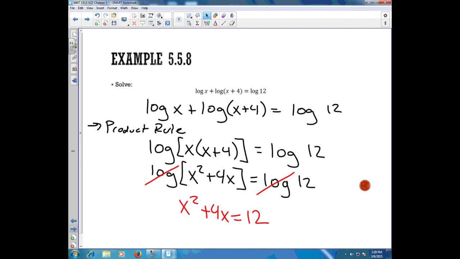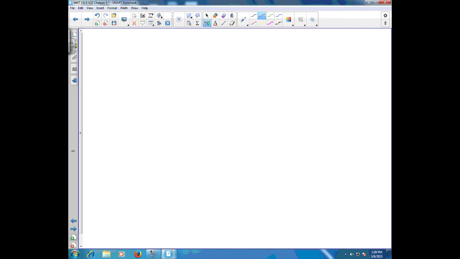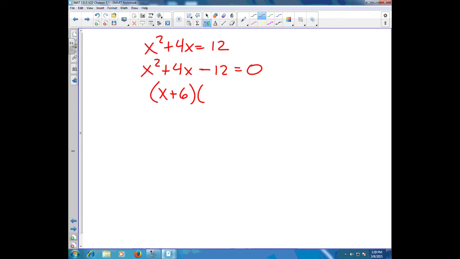So now we just want to solve this quadratic. We get x squared plus 4x is equal to 12. If we move 12 to the other side, minus 12 is equal to 0. And now we can factor this one too. We're going to get x plus 6 and x minus 2 equals 0.